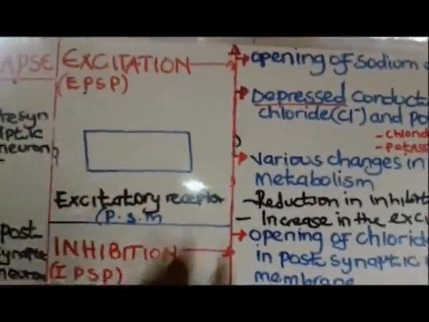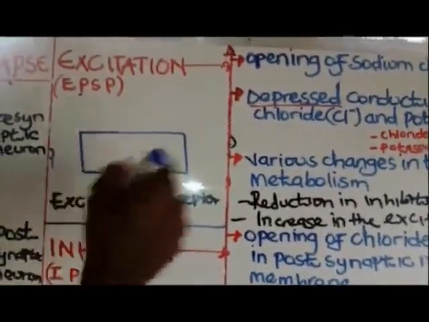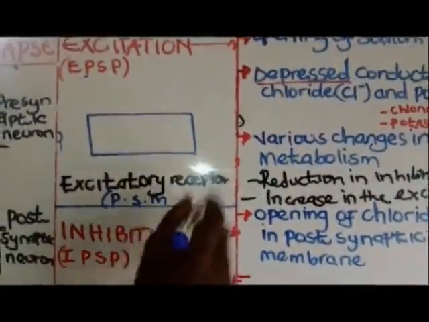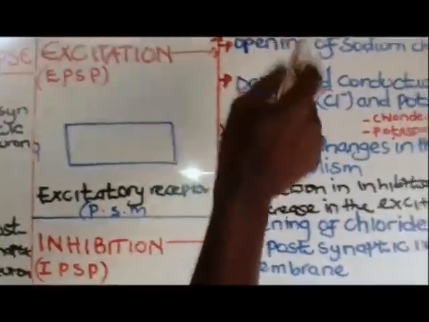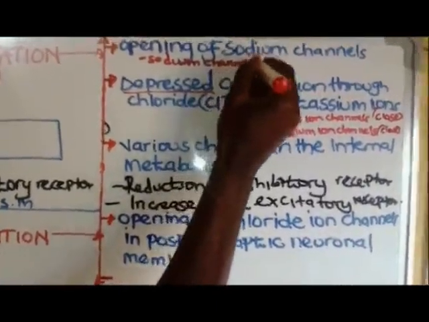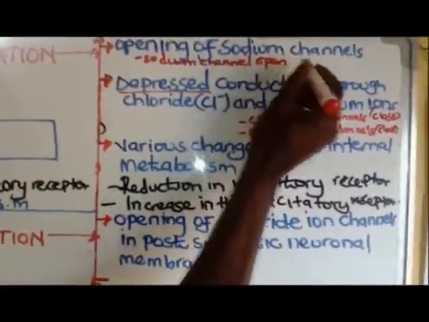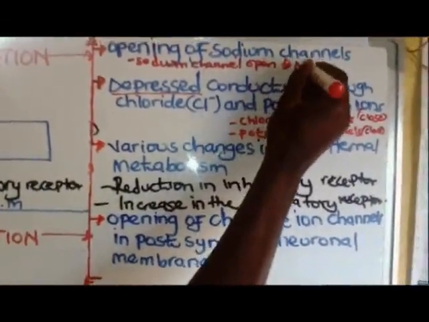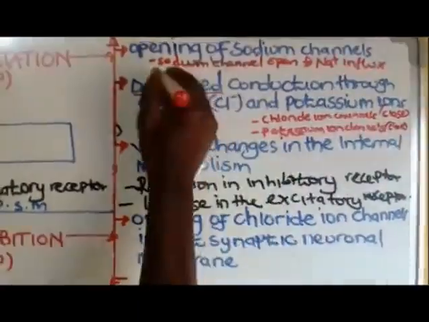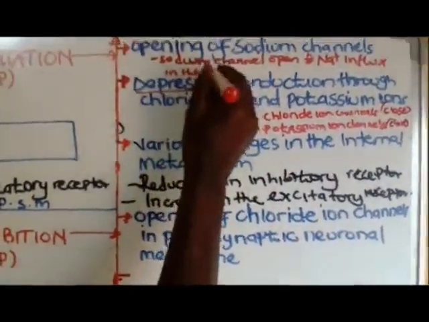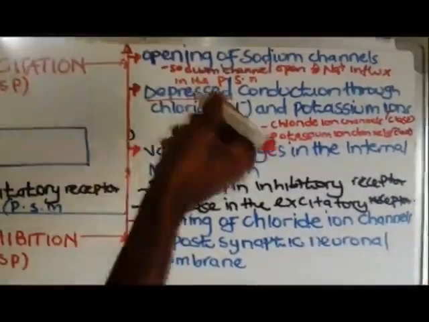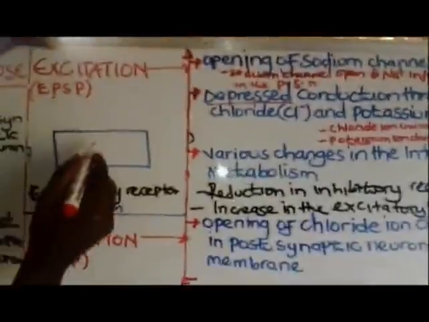One, as the neurotransmitter substance combines with excitatory receptors, we are going to see that the sodium ion channels, these are voltage channels, open. When they open, what are we going to see? The sodium ions influx in the postsynaptic neuron.